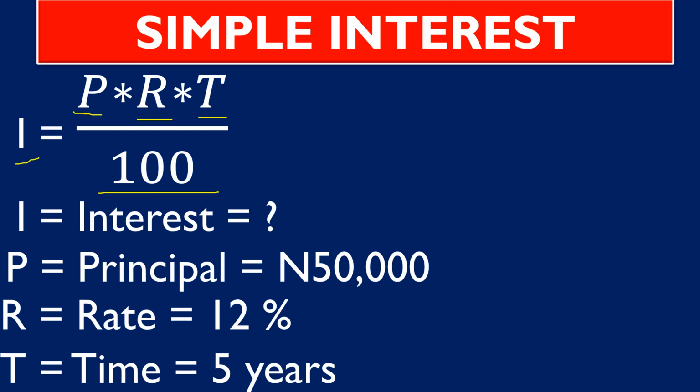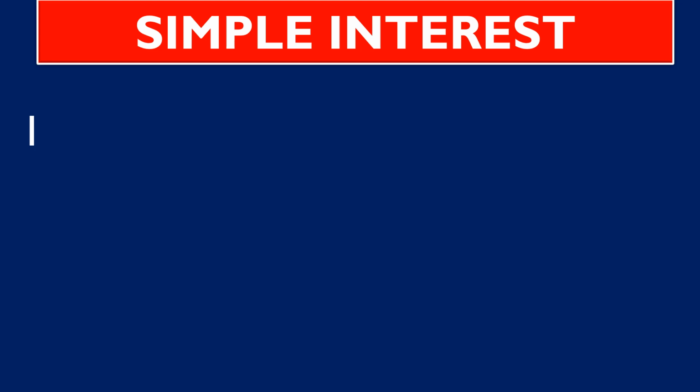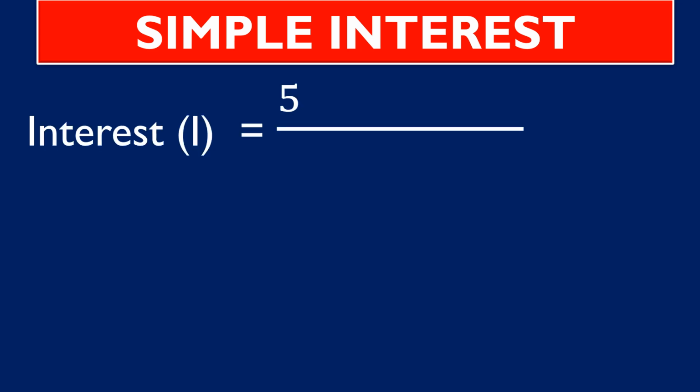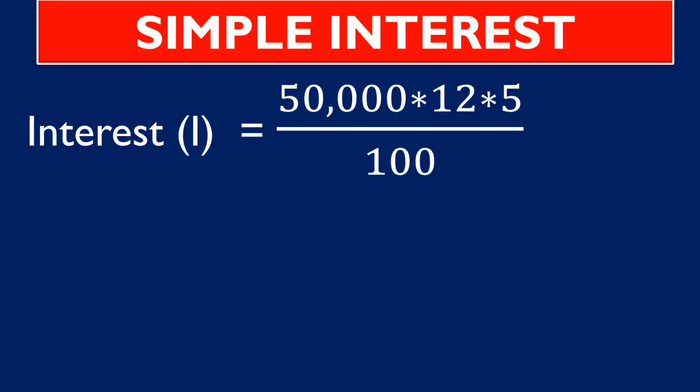So we have everything it takes to be able to calculate simple interest. Therefore, the interest, when we substitute all the values, is the principal, which is 50,000, times the rate. The rate is 12% per annum, and then the time is 5 years, all divided by 100.